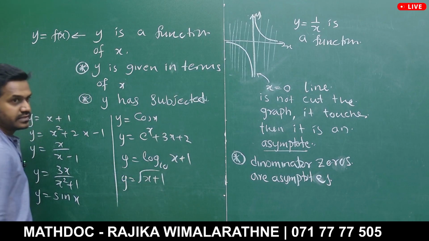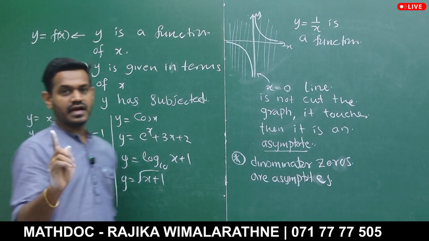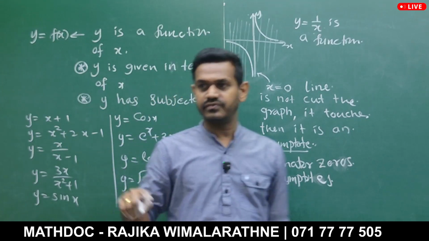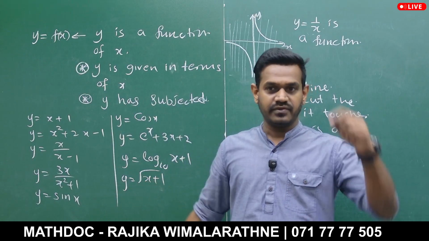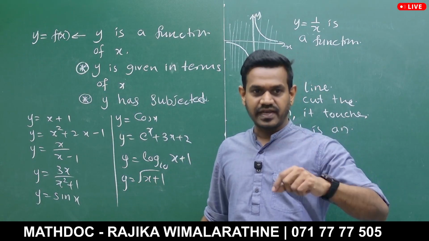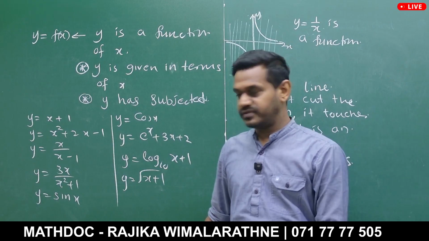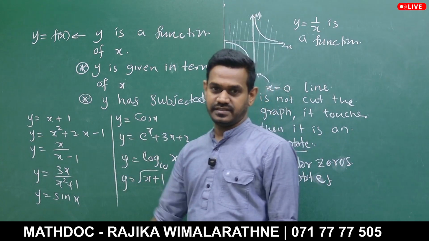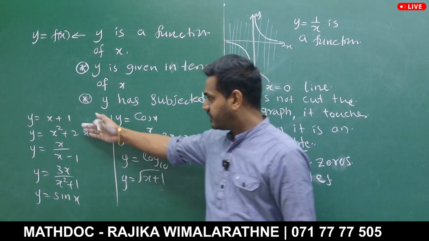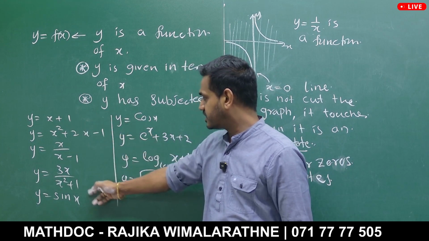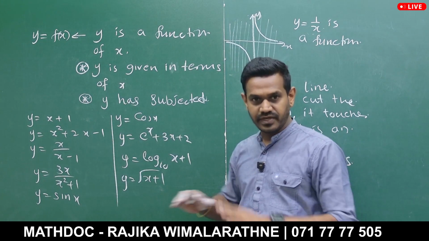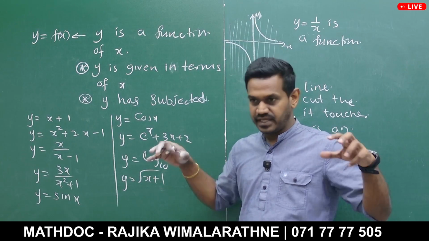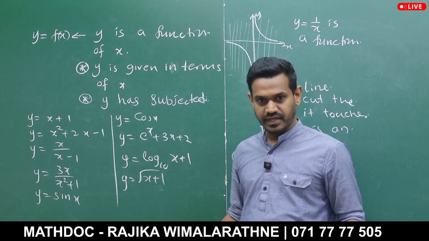See, all y are given in terms of x now. Y is already the subject, so one x value has only one y value. Then all these are functions. We say polynomial, rational, trigonometric, exponential, logarithm, irrational, and so on, but all together, that is one function group.